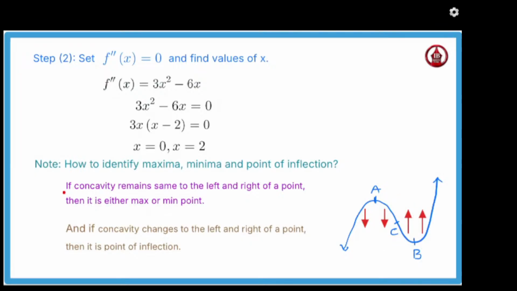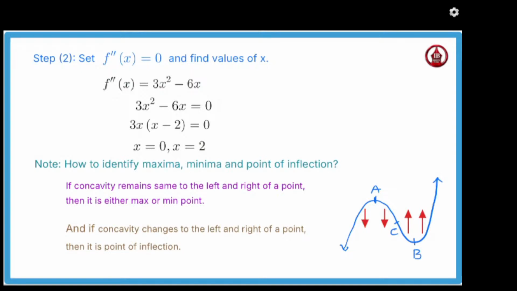So the same thing I wrote here. If concavity remains the same to the left and to the right of a point, then it is either a maximum or a minimum point. And if concavity changes to the left and to the right of a point, then it is a point of inflection.